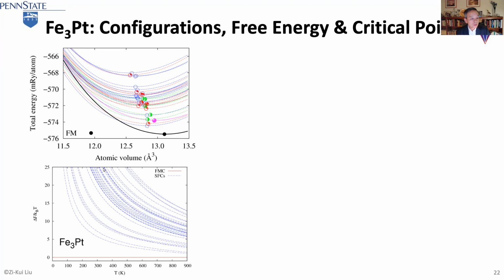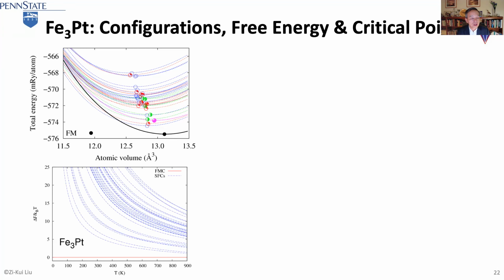The free energy shows that the ground state is stable, has the lowest free energy at all temperatures, in the free energy difference divided by kBT. So if you just use energy, there should be no transition, right? The ground state would be stable all the time. However, we know that we have a transition.